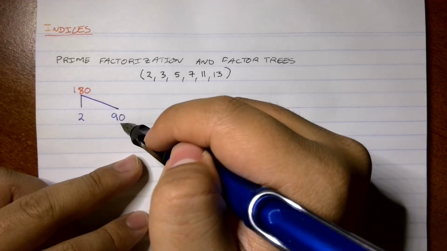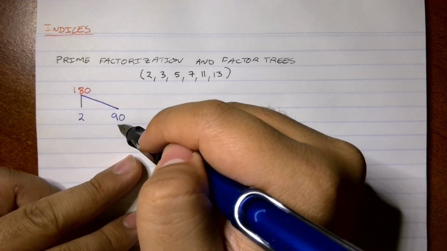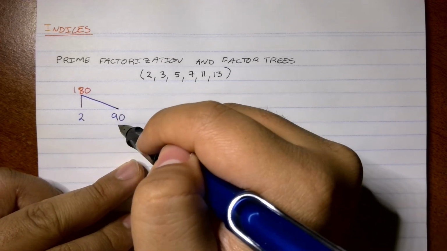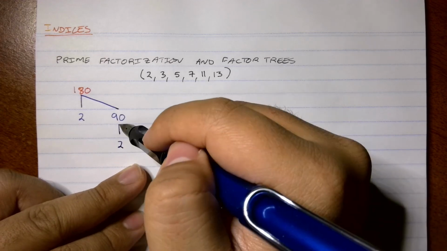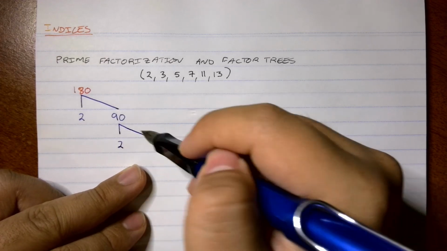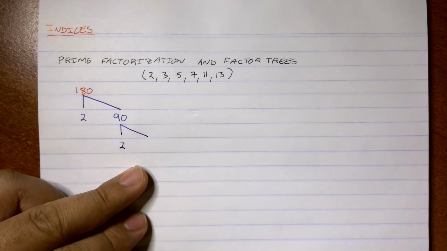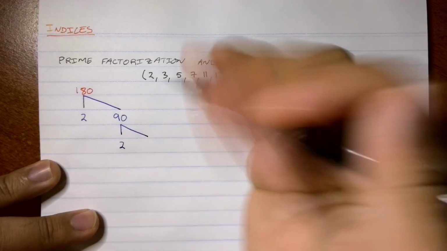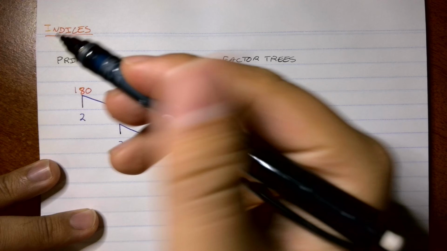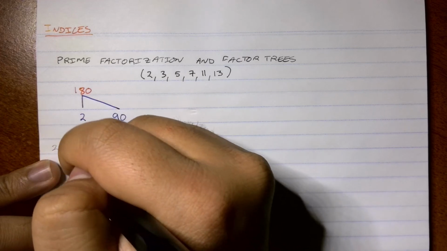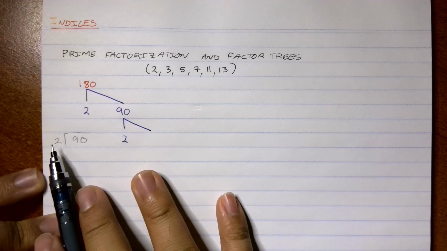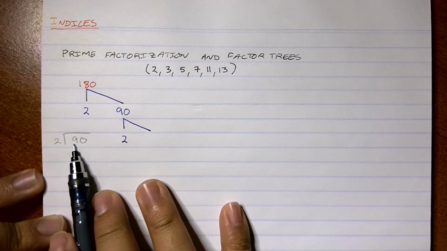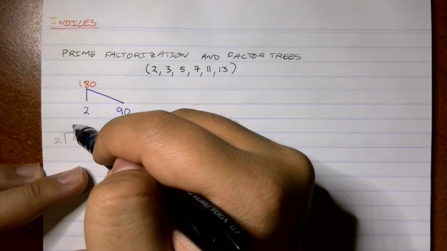So let's test it again. Can we divide 90 by 2? So let's go down this way. 2 times what gets me to 90? And here's where our long division can help. Just on a little empty space here, we're going to do 2 into 90. 2 times what gets me to 9 as close as we can?